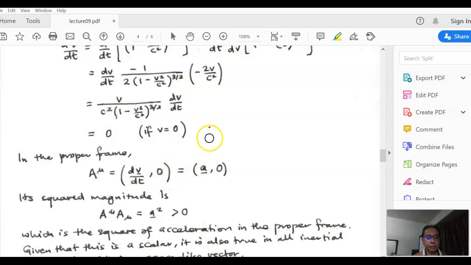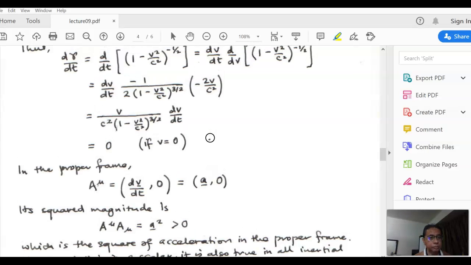The fact is that we use v equals 0 in the proper frame. So I'm correcting myself: this could be changing if there is an acceleration, where d gamma dt might no longer be 0, because dv dt will be some changing value.